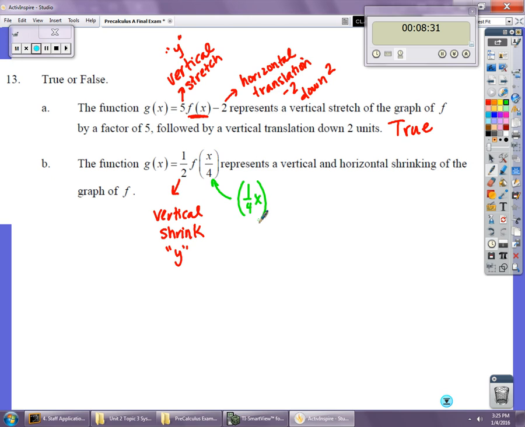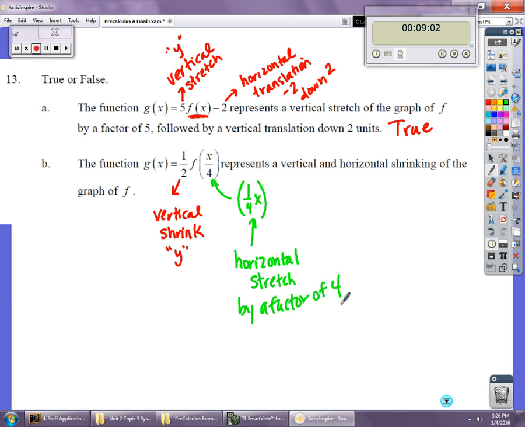Remember, anything that happens to x is backwards, right? Anything that happens to x is going to be the opposite of what you think. So this is multiplying, right? This is a multiplier of x. So it's not one of the ones that's sliding it side to side. We know that always goes opposite of the sign. But this one, we're going to call it a horizontal. And this is actually going to be a stretch, because it looks like a shrink, but it actually means it's a stretch by a factor of 4.